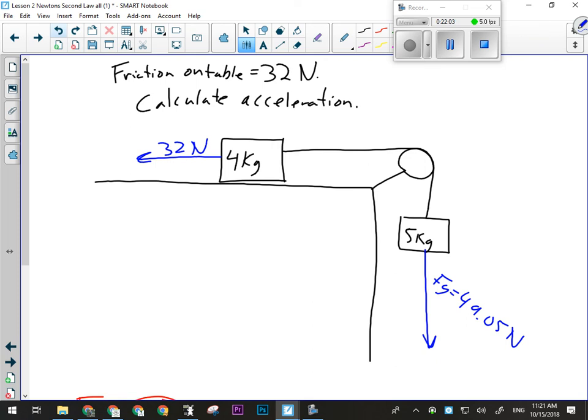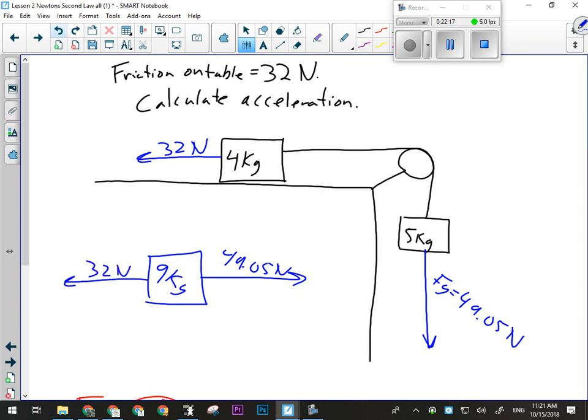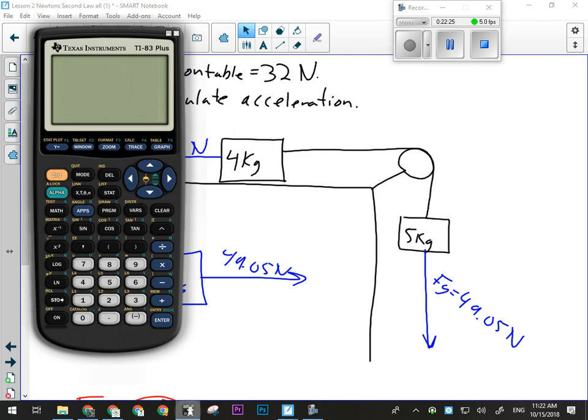So if I want to find the acceleration of this system, what I essentially have is a 9 kilogram mass being pulled this way by 49.05 newtons and this way by 32 newtons. Can I find the net force on the system? I just subtract those 2 numbers, right? So that'll give me (49.05 minus 32).